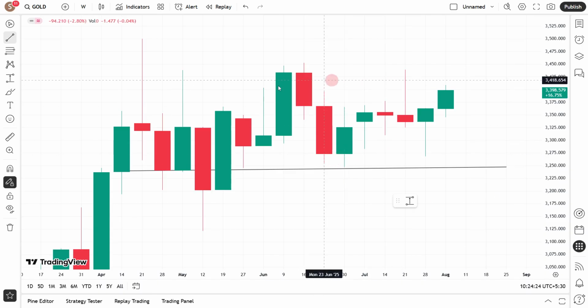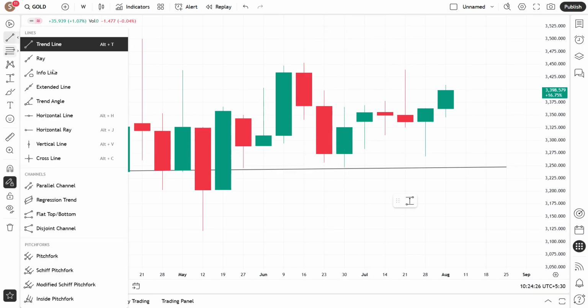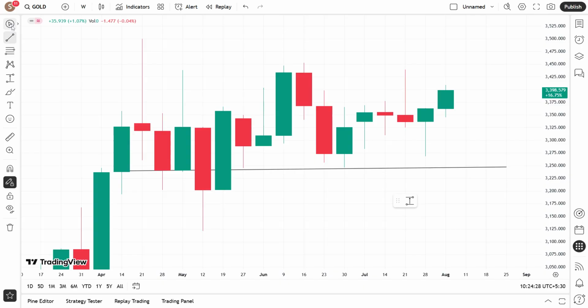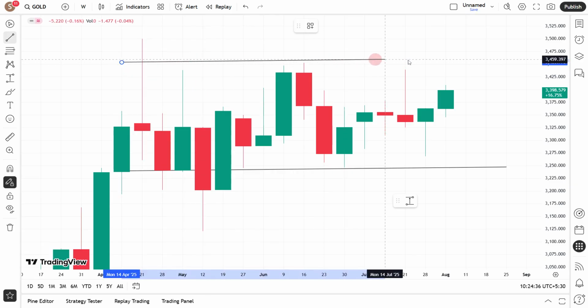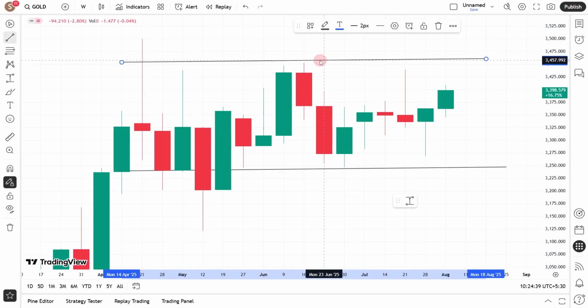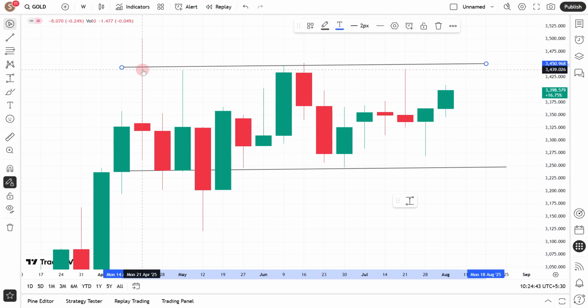And the upside resistance, if we talk about the resistance area, let me tell you, that is 3450. So 3450 will act as a strong resistance level, which has been retested so many times. You can see, one, two, three, four, almost 5 times this resistance has been retested.